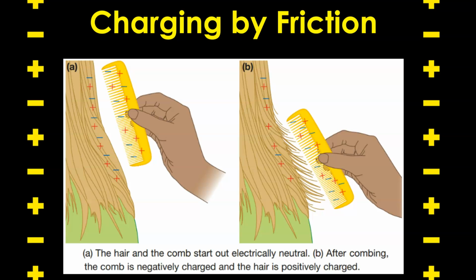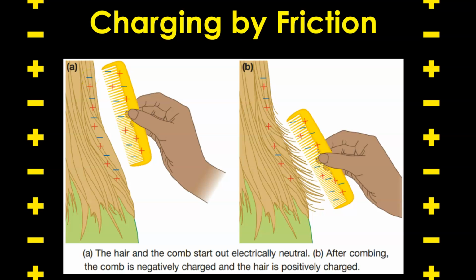For example, in this diagram, on the left-hand side you see two objects, and they are both electrically neutral. So you have the hair, which is neutral.